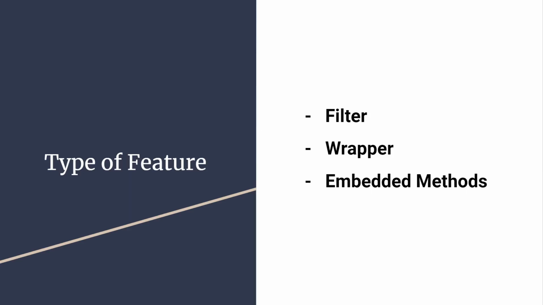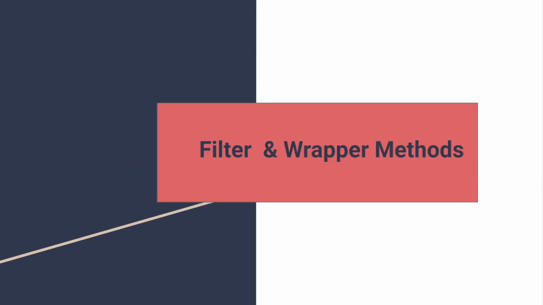There are three commonly used methods. One is filter, another is wrapper, and another is embedded method. There is also a debate that there are many ways we can do this. So I will be talking about these three: filter and wrapper. I will show an example in my notebook, but now I will give a brief description.